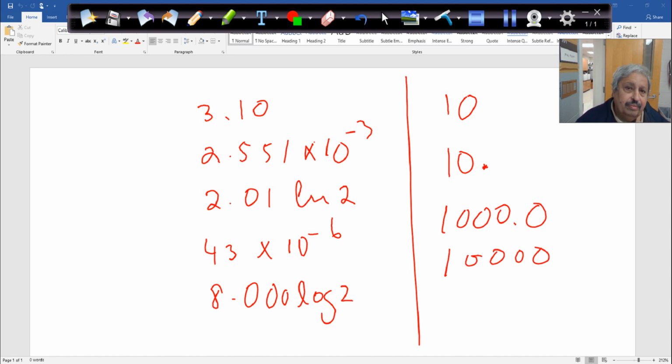So now let's solve this. The number of sig figs will be asked. Not the application, but the number of sig figs. So the first one, how many? Come on, guys, I'm making it interactive. How many sig figs is this one? Still remember?